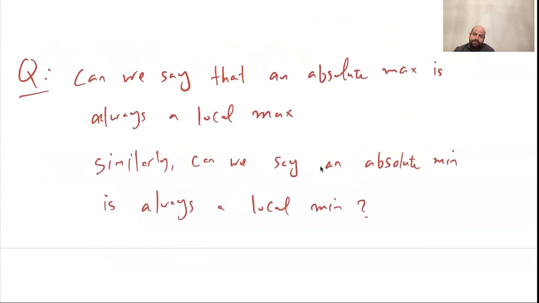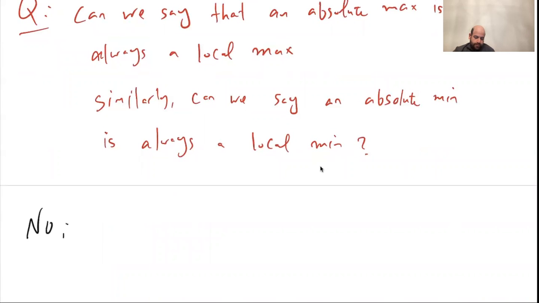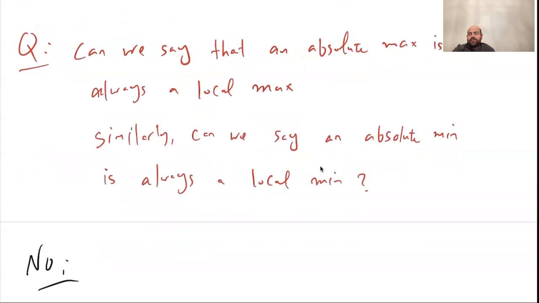The answer is no. You may think about absolute max means largest in the whole domain. Local max means just largest locally around the point. But if it's largest in the whole domain, it has to be largest locally around the point as well. That's almost true, but not if the point is an end point.